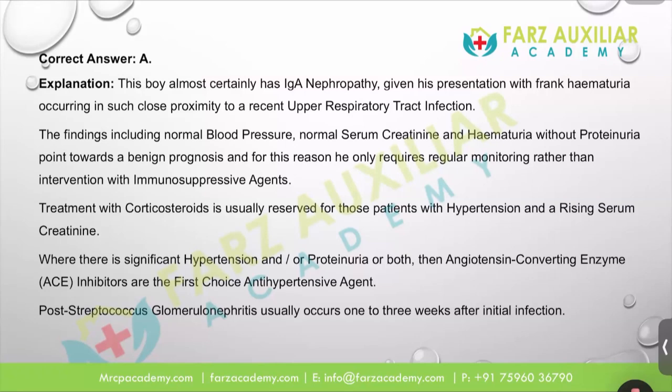So this boy almost certainly has IgA nephropathy, given his presentation with frank hematuria occurring in close proximity to a URI. The findings of normal BP, normal creatinine, and hematuria without proteinuria suggest a benign prognosis, and hence this patient only requires monitoring. Steroids are recommended in patients with hypertension and worsening renal function.